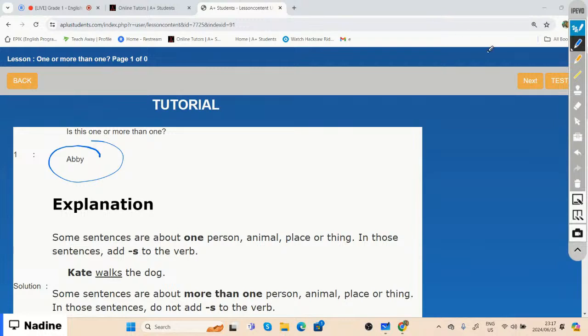So, which means that if I were to call each one of you by name, then I'm calling each one of you by name, one by one, and you are only one person individually.